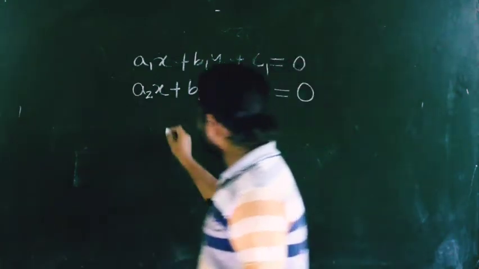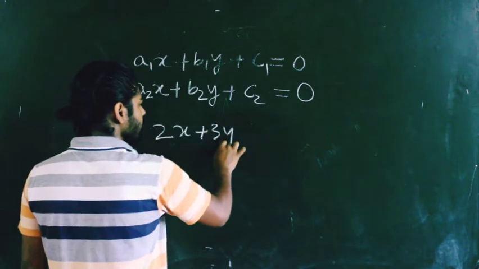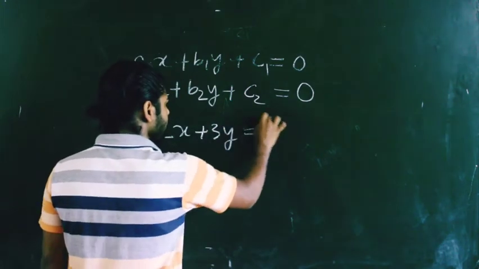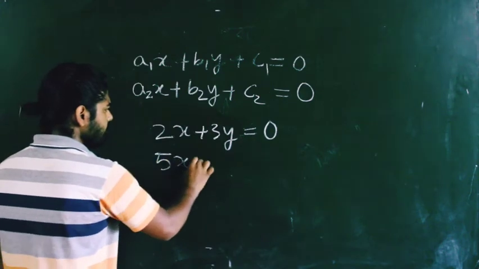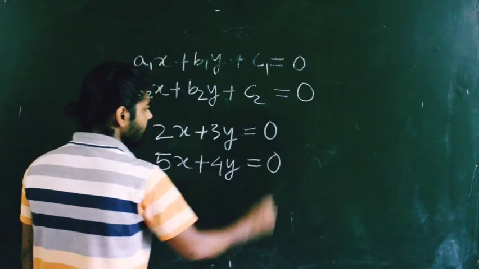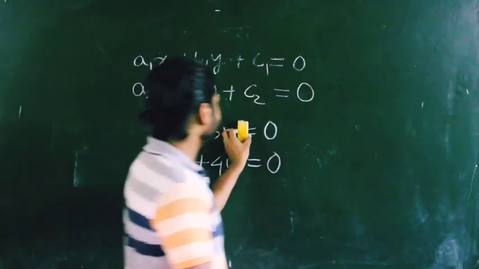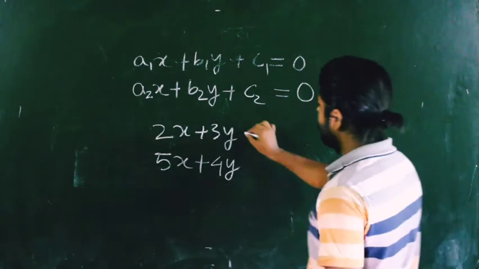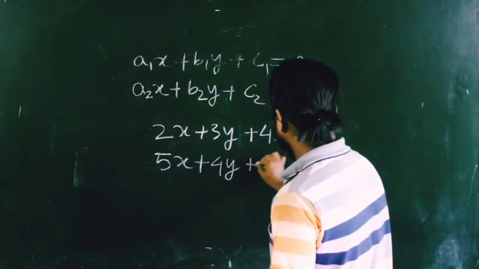Suppose you have 2x plus 3y equal to 0, and another equation, 5x plus 4y equal to 0. Suppose we have two pairs of equation. Now here, to put it in a simple way, let's compare it.